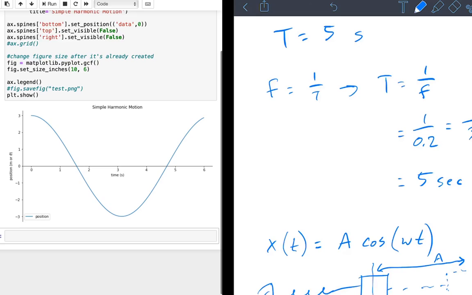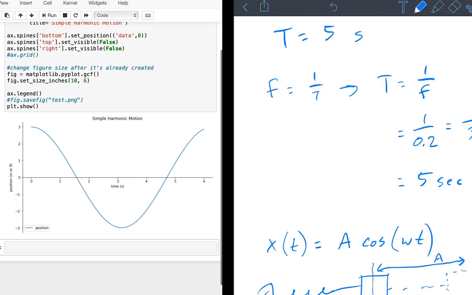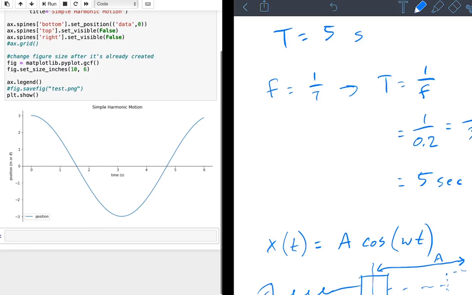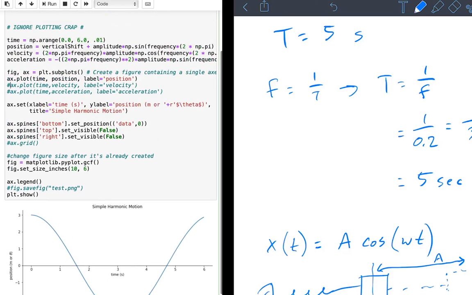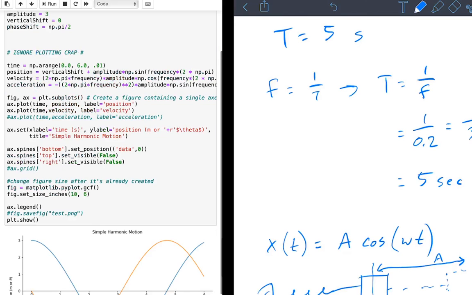And really, you can do this by taking the derivative. This would just be a minus omega. That's just the time derivative. Just remember your rules and all that stuff. Looks something like that. So we can plot that velocity.